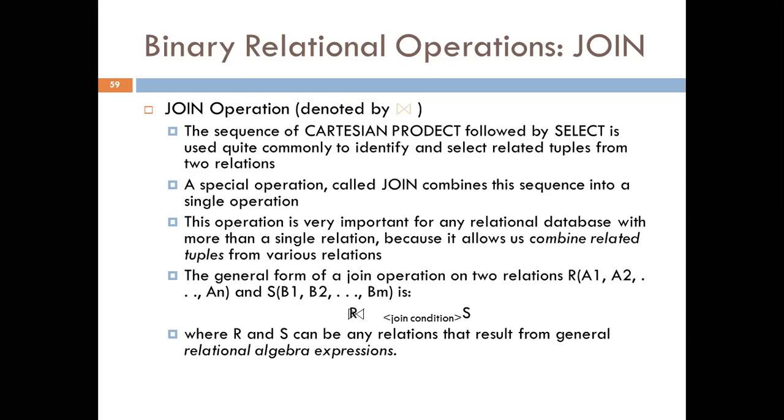There are different types of join operation: natural join, equi-join, outer join, inner join, left outer join, right outer join, left inner join, right inner join. So different varieties are present. We shall discuss the join operation in detail in our next class.